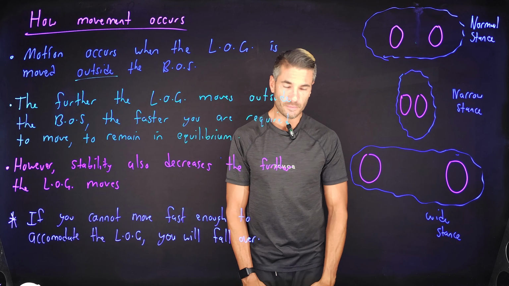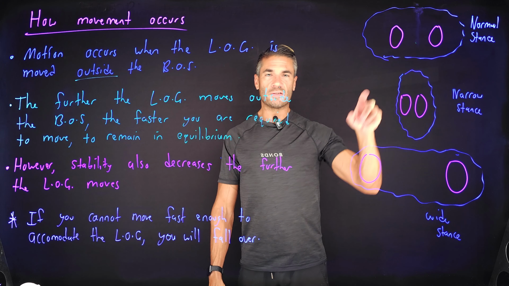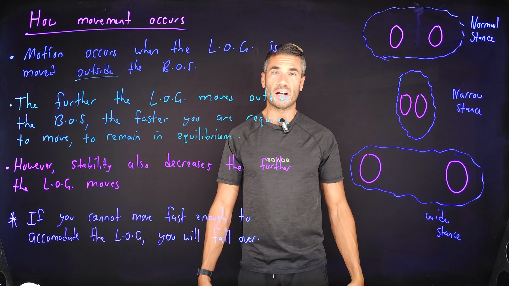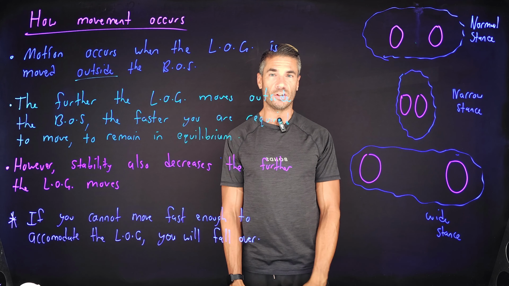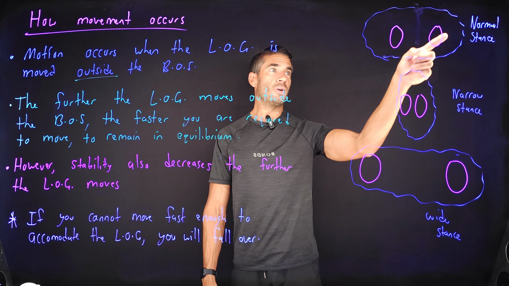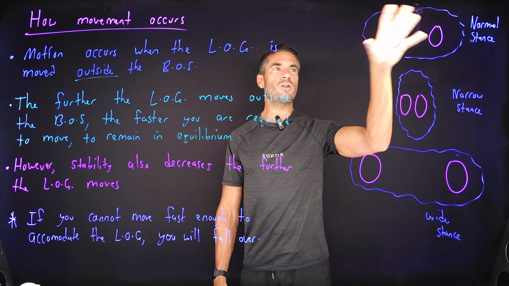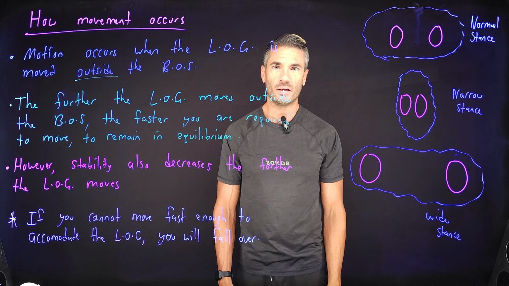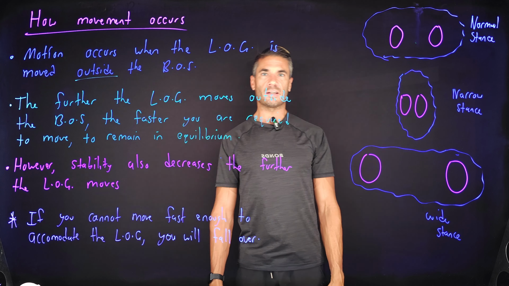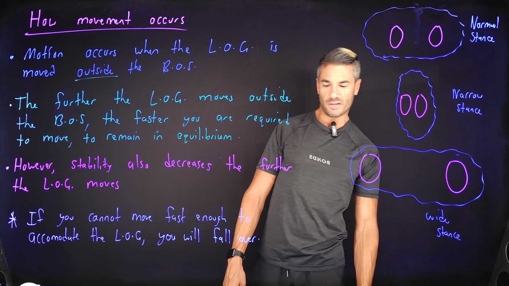Normal stance, okay? Remember my base of support surrounds my contact points with the ground and the mass of the object, all right? So my normal stance has pretty much equal bases of support in any direction. I can move forward a bit, I can rock back a bit, I can go to the side, and I can go to the other side.